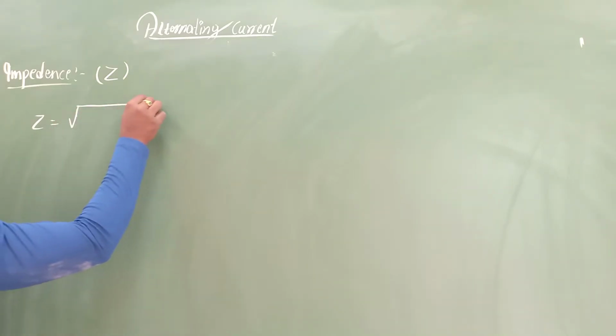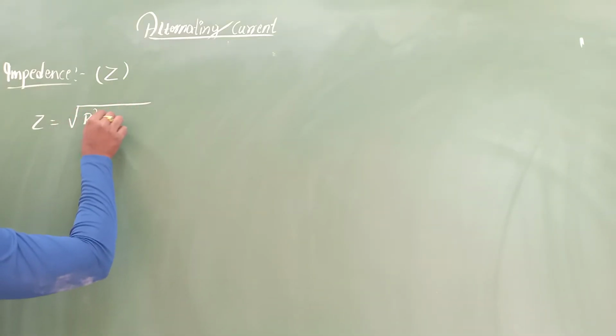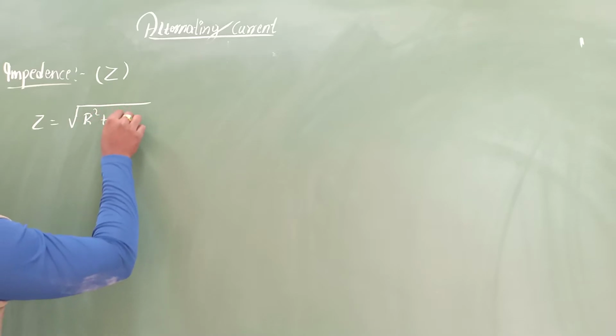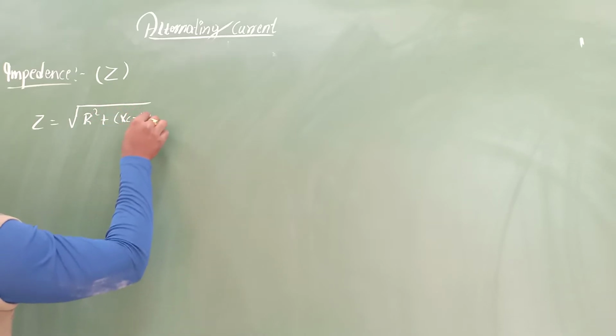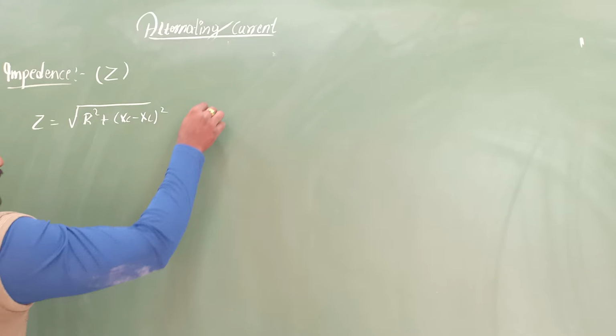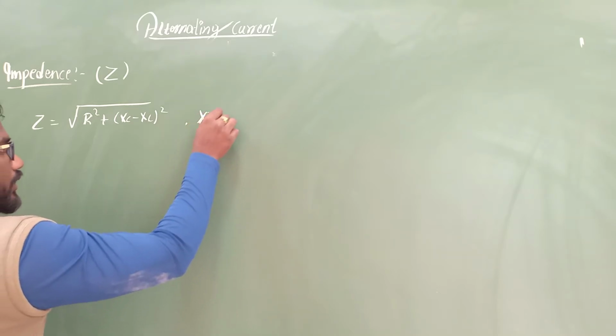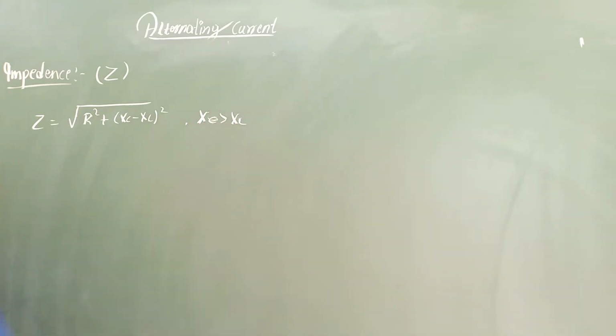Now what is the SI unit of impedance? Before that, the expression we got is Z equals the square root of R square plus (XC minus XL) whole square, where XC is greater than XL.